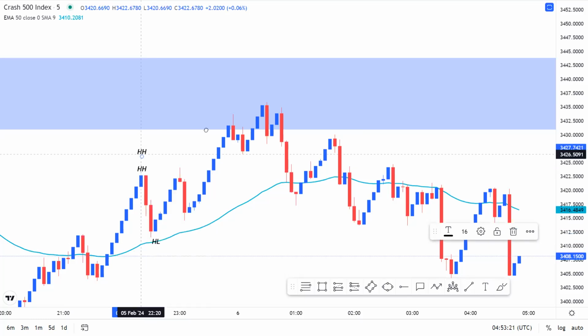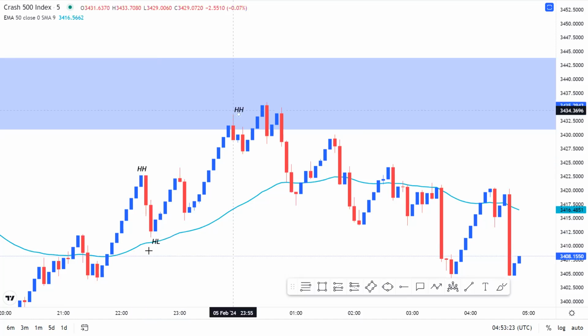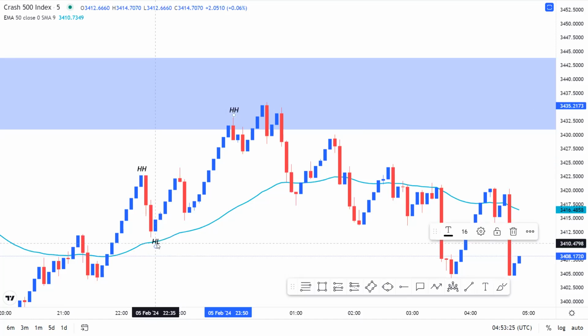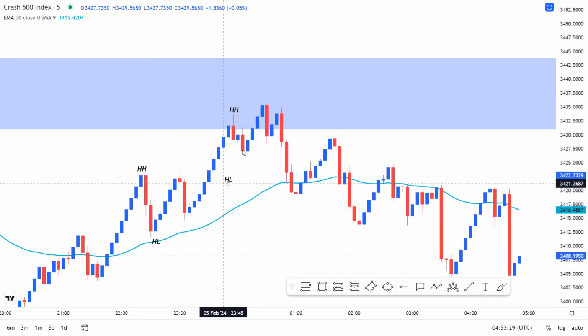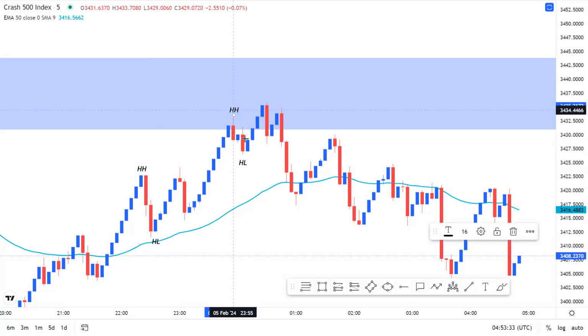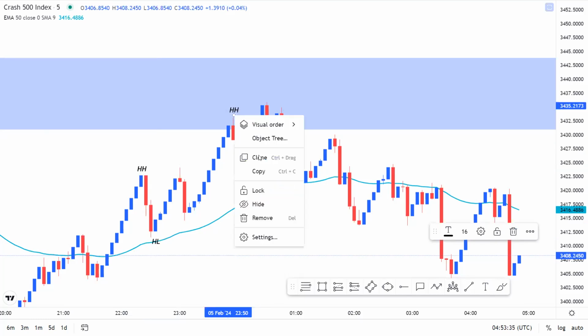So now all I need from the 5 minutes time frame is alignment with that, the structural alignment with that of the 1 hourly time frame.